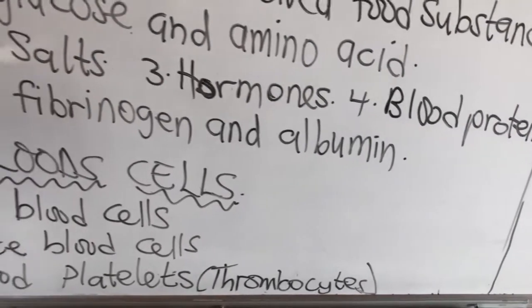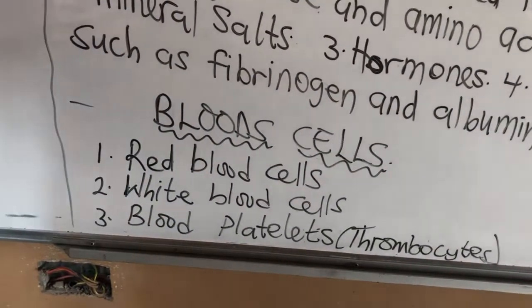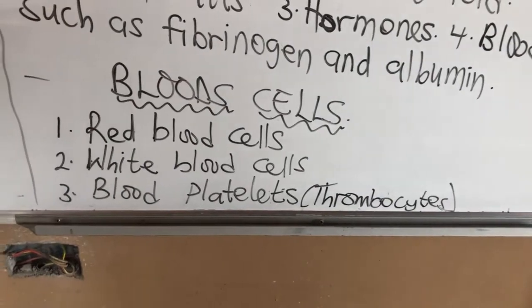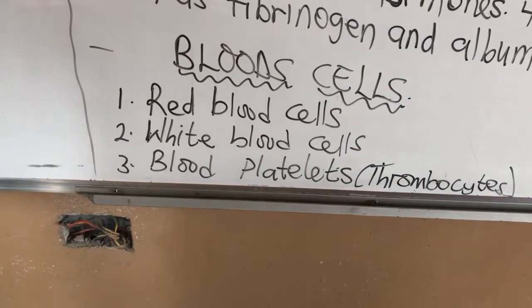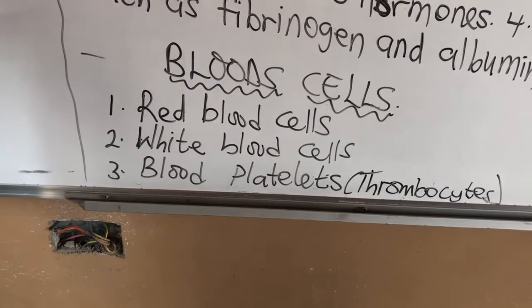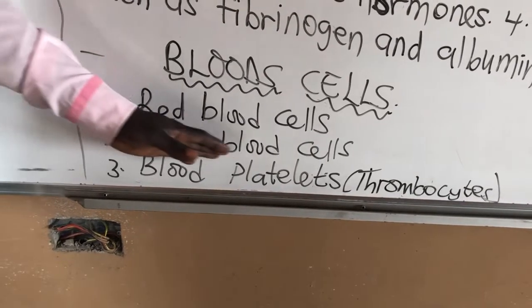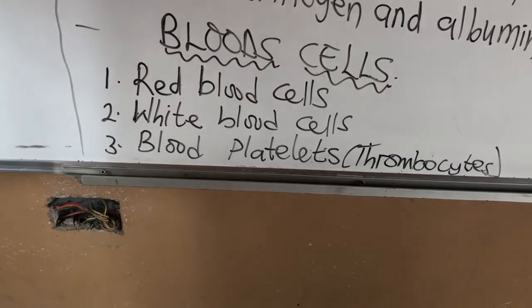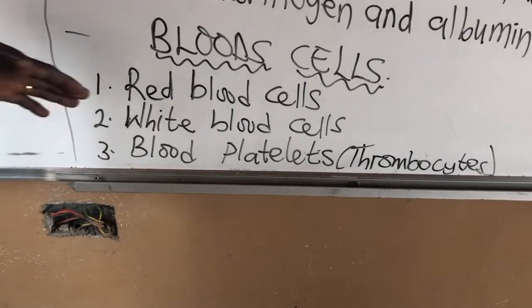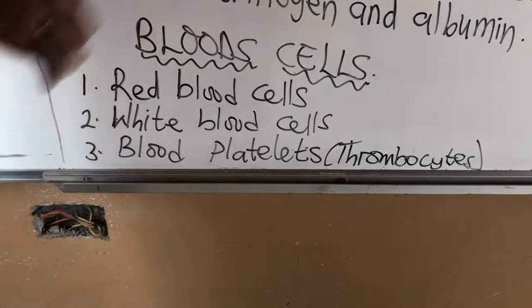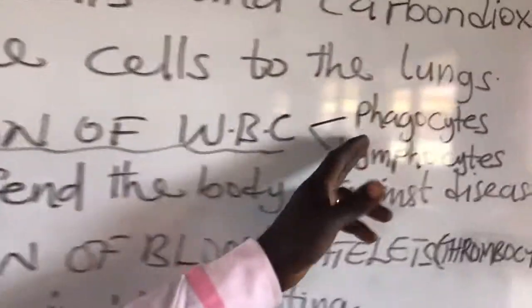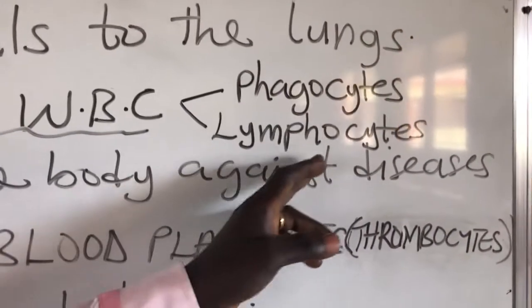Now let's talk about the blood cells. We have three main types of blood cells. We have the red blood cells, and we have the white blood cells, which are made up of two forms: the phagocytes and the lymphocytes.